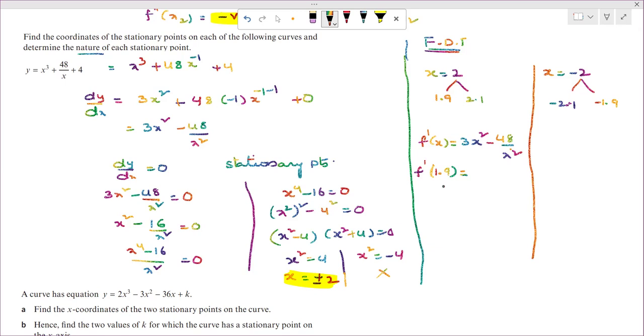Let me check in the calculator. 1.9 whole square, how much? Minus 2.46, means negative, less than 0. Just keep it like that.